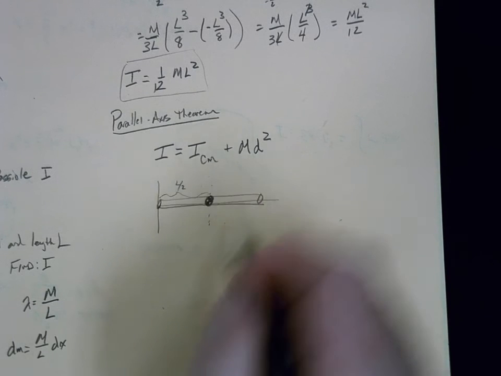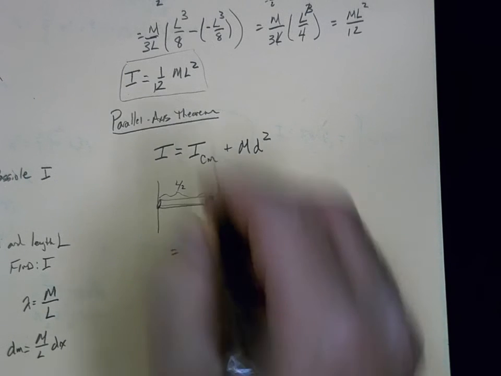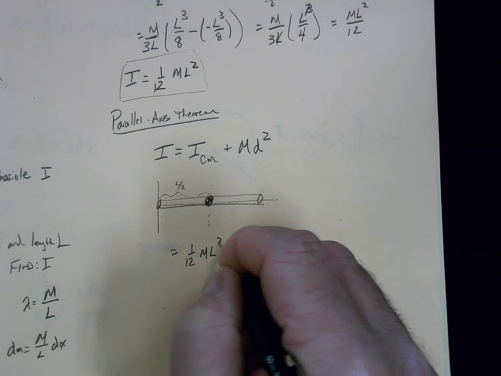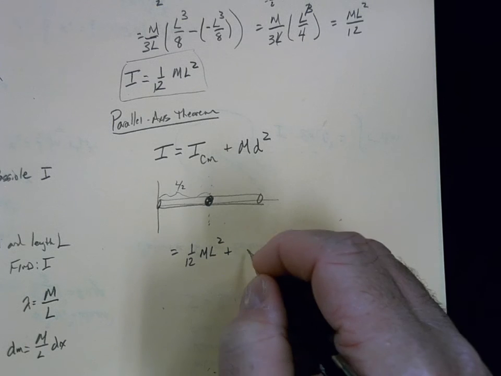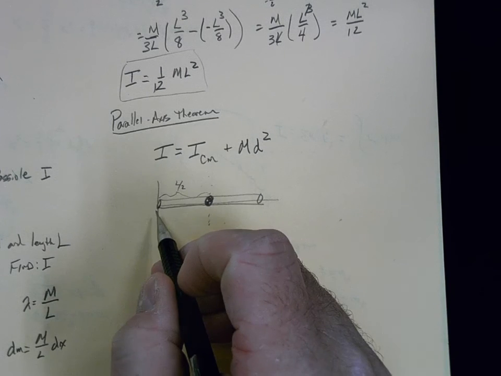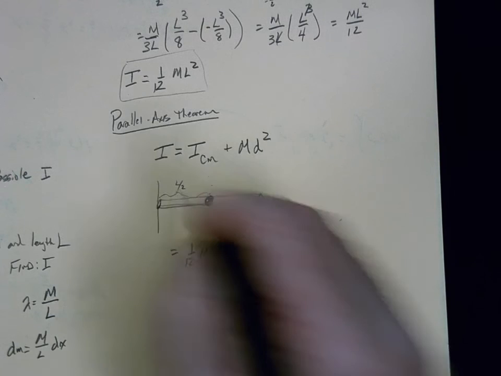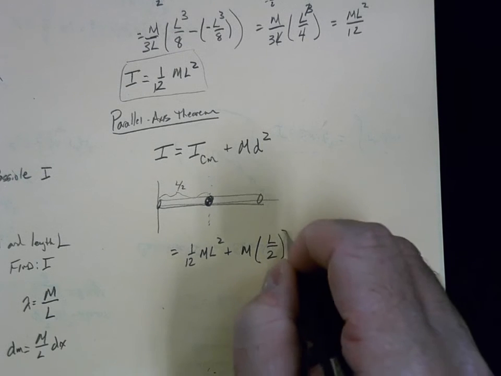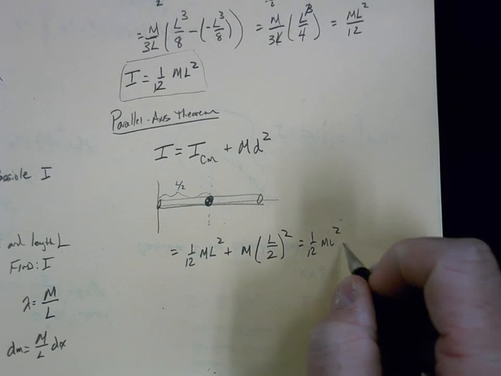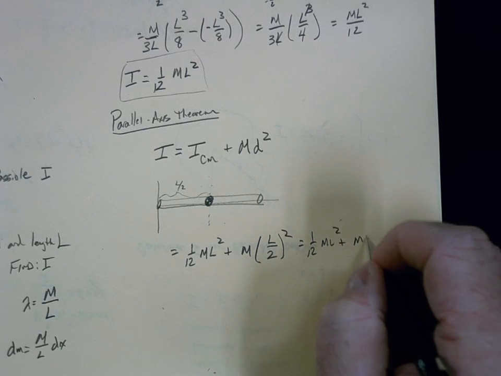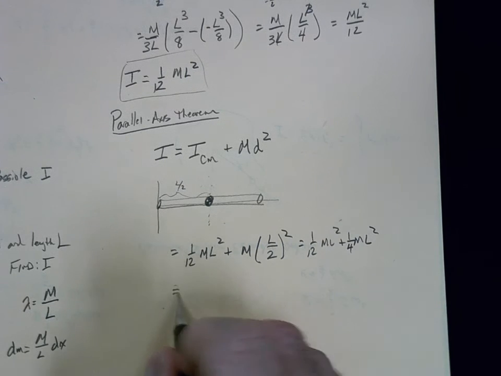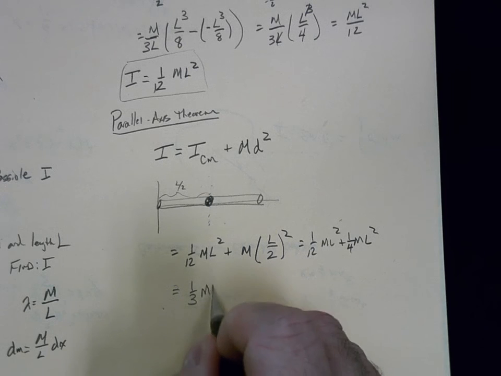It's going to equal whatever our I of the center of mass was to begin with, which was 1/12 mL squared, plus the mass of the object times the distance that the axis moved from the center of mass, which is L/2 squared. Well, that becomes 1/12 mL squared plus 1/4 mL squared, and this winds up being 1/3 mL squared, and that's your parallel axis theorem.